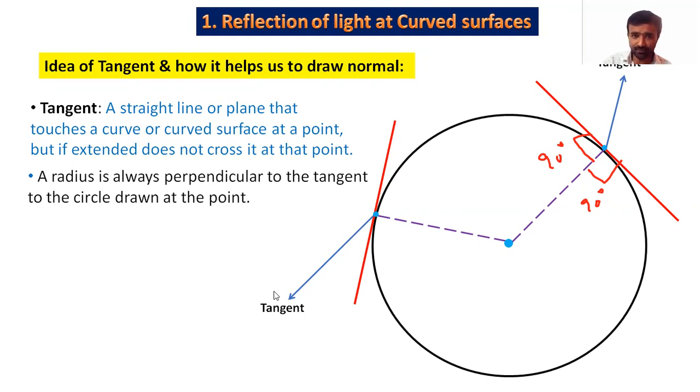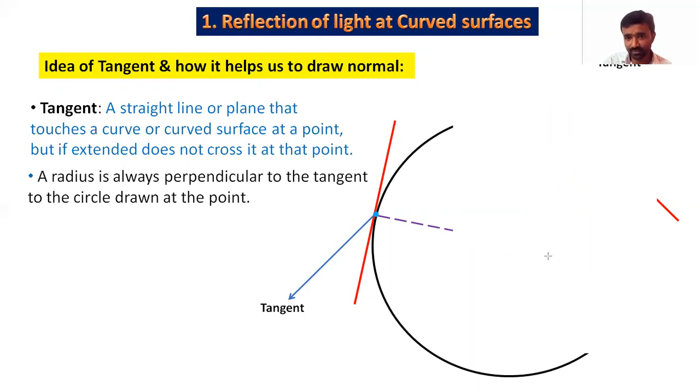So here, if you see a curved surface, it is also perpendicular. Yes or no? You have to imagine that. Suppose I am covering this part. I covered it. So what happened?